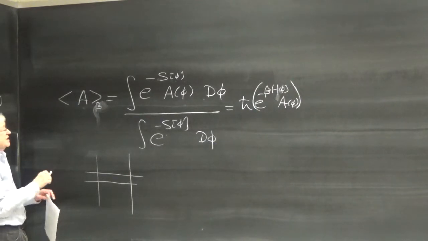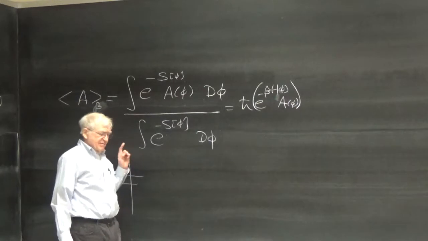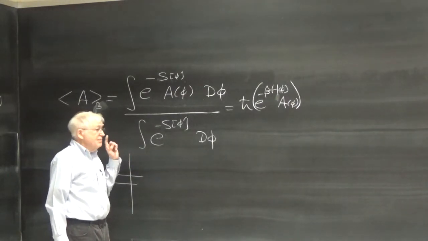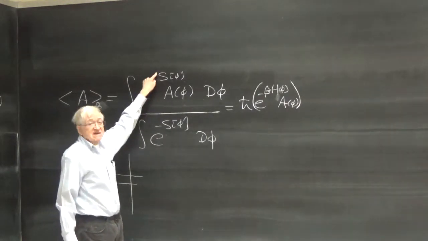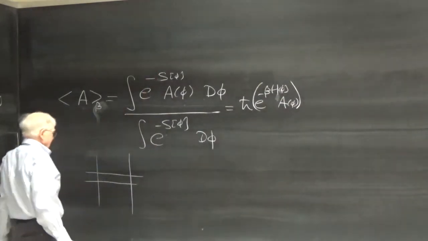So for example, at low temperature, beta is very high. Beta very high means that the t integral here goes a long way.